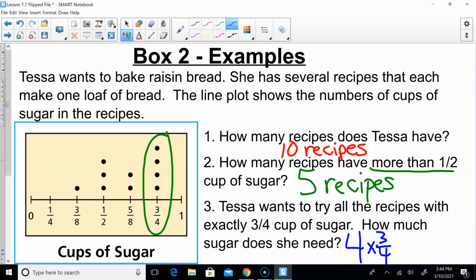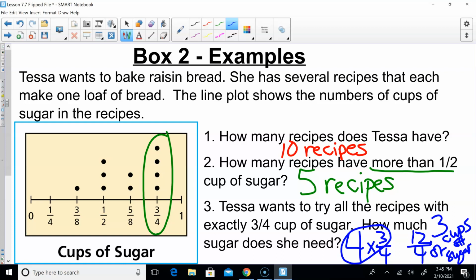So now we can multiply 4 times 3 in our multiplication of fractions. We get 12/4, and 12 divided by 4 is 3, so she would need 3 cups of sugar to make all 4 recipes that have 3/4 cup.